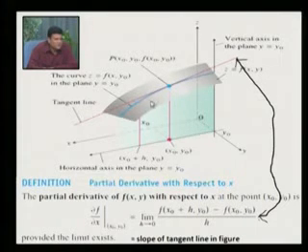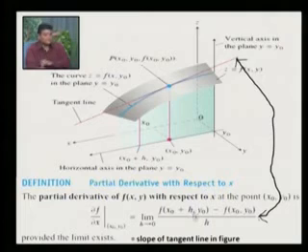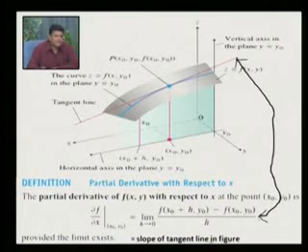The difference between these two is this much, upon h. So this ratio is nothing but the slope of this tangent. It means that the slope of the tangent line in the figure is the partial derivative of f with respect to x at x0, y0.